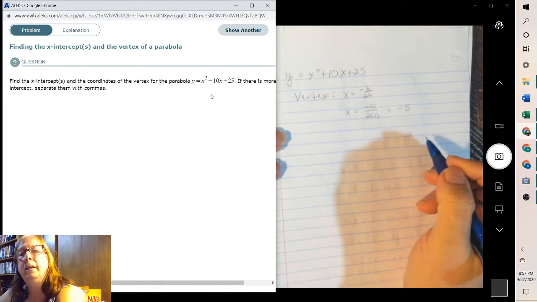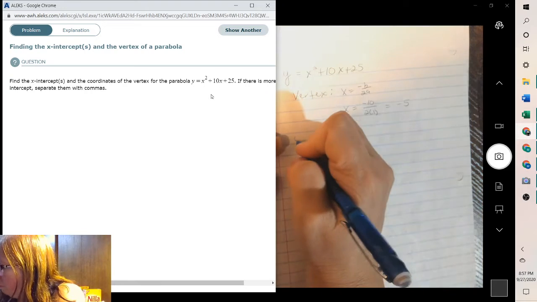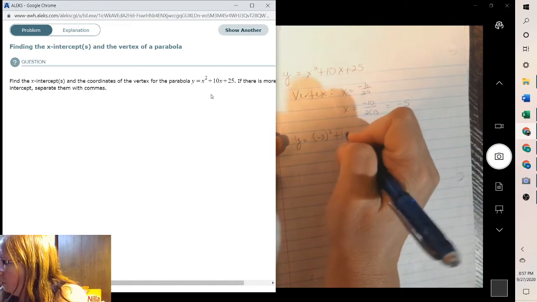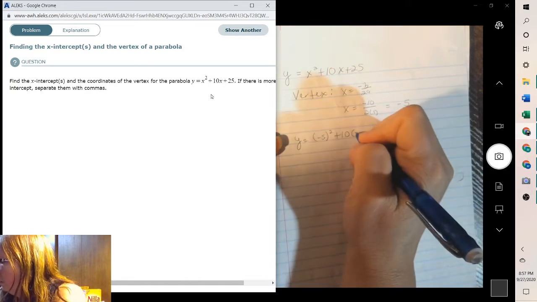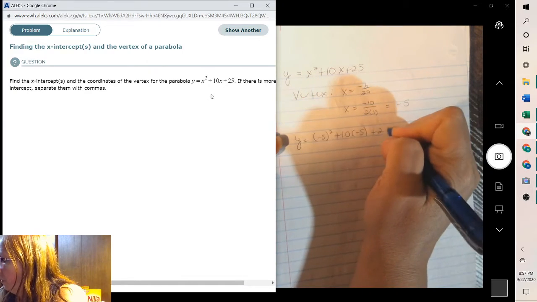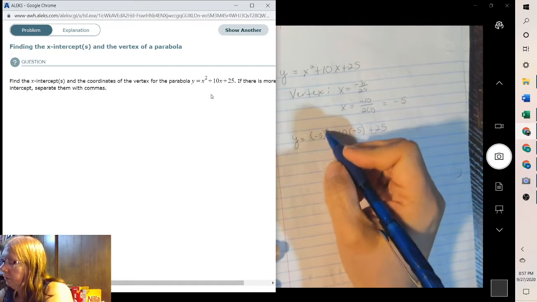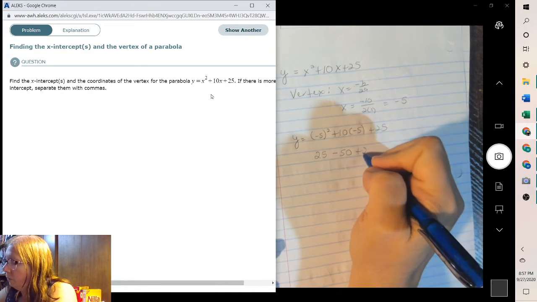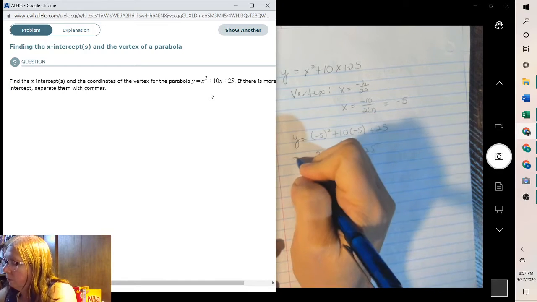Now when we plug that in, y equals negative 5 squared plus 10 times negative 5 plus 25. This is 25 minus 50 plus 25, it's 0.